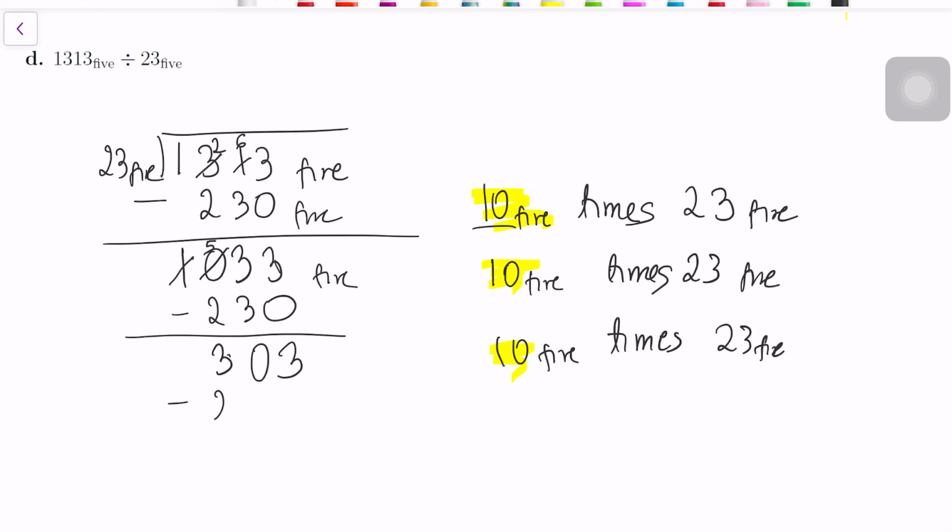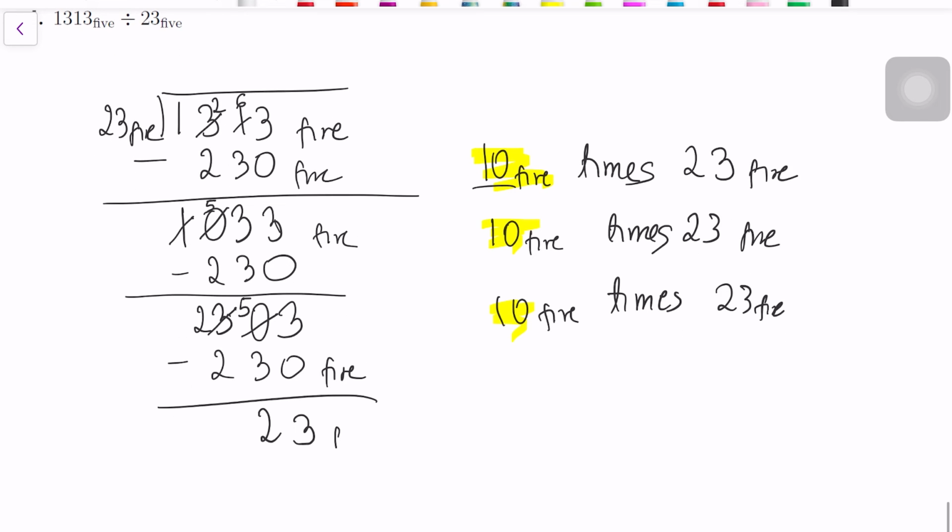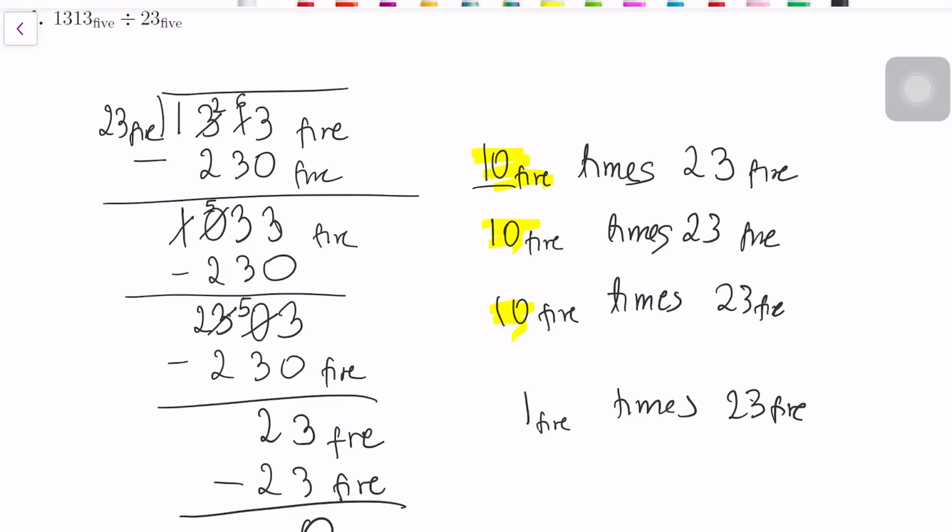So now let's take away 230 and let's see what's left. 3 minus 0 is 3. But I cannot subtract from 0, so I borrow from this, which creates 5 longs. 5 minus 3 is 2. 2 minus 2 is 0. So I have 23 in base 5, which now I can see I can fit 1 time, because 1 times any number in any base is just that number. And when I take it, I have 0 remainder.